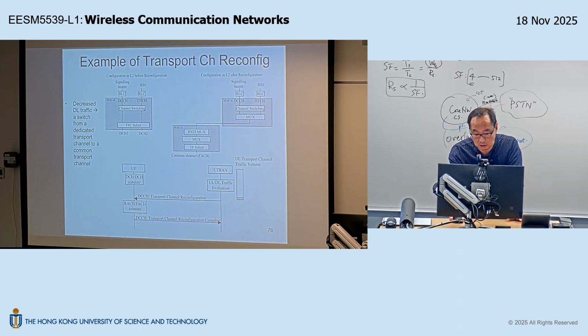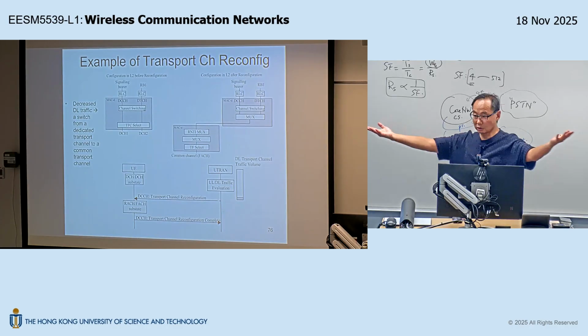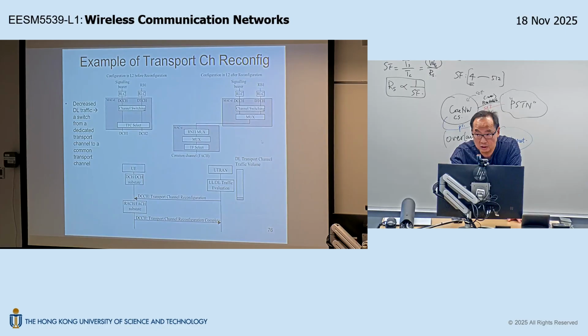After this change is completed, it will respond with a transport channel reconfiguration complete. So two-way handshaking to complete the reconfiguration. Now you need a complete response because you need to synchronize the MAC state at the UE and the MAC state at the serving RNC. The two-side MAC layer needs to be configured in this way. So therefore they need to be synchronized. Is that okay? So that's the second example, transport channel reconfiguration.